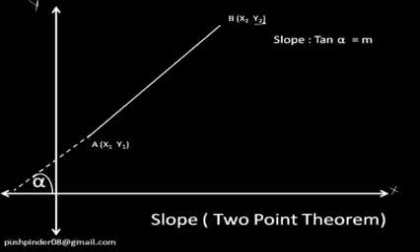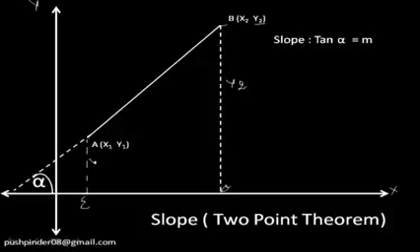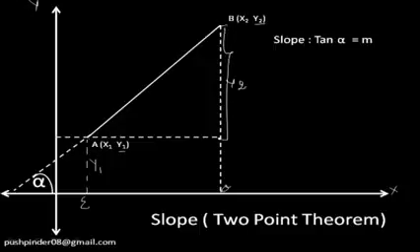Now if this is equal to y2, that means this whole from point B to point, let's say D, is equal to y2. And similarly, from point A till point, let's say E, it is equal to y1, because that is the y coordinate of point A. So if this is y1 and this whole is y2, and if I draw a line like this, the distance from here till here is going to be y2 minus y1.